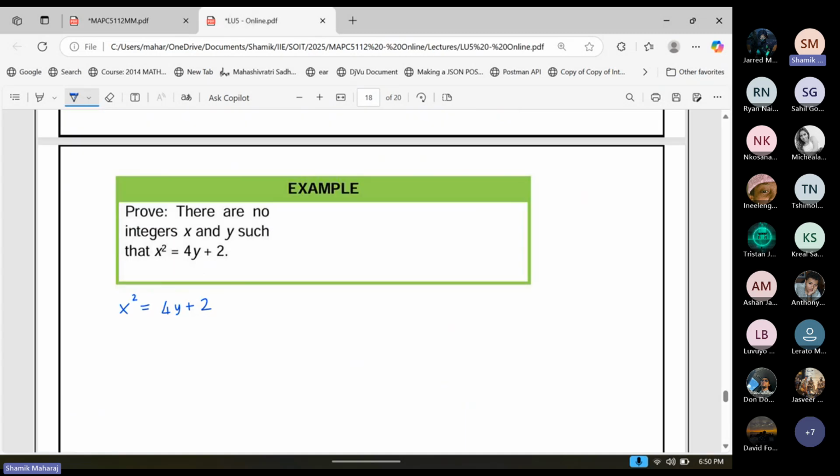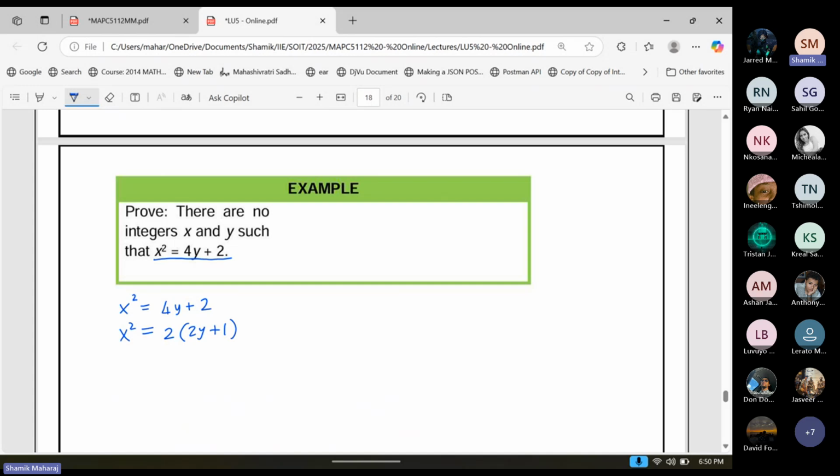Okay, there we go. So I guess what they're starting with is, again, we write the statement here, and what they point out is we can pull a 2 out from here, right? 2y plus 1. Which implies that x squared is even, right? Because y is an integer.